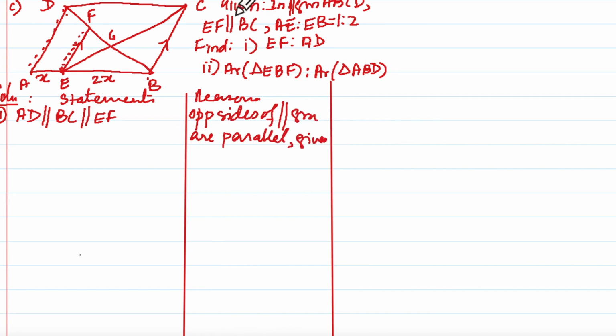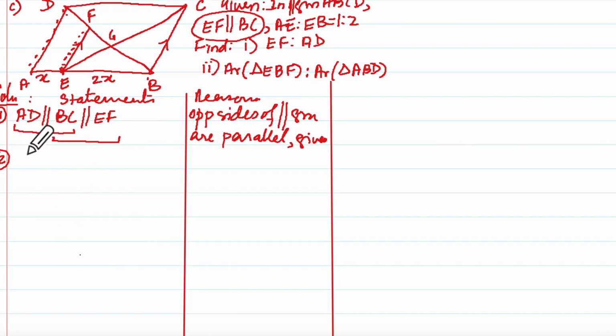What is given? See this, EF parallel to BC. So this is because of the sides of the parallelogram, and this because it has been given. You're with me so far? Then we come to the second part.